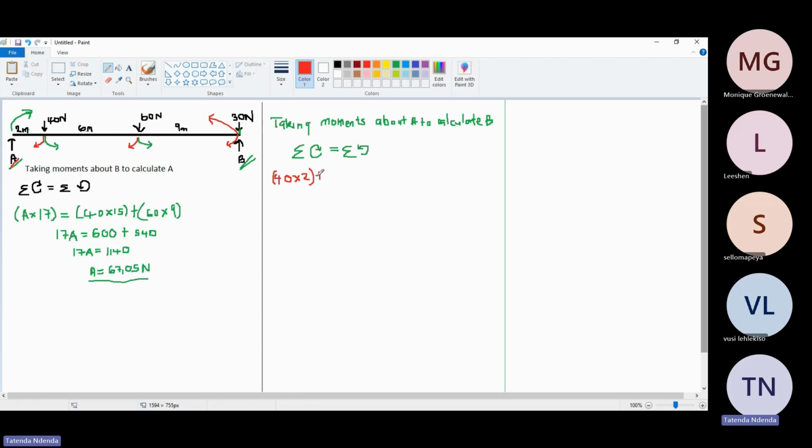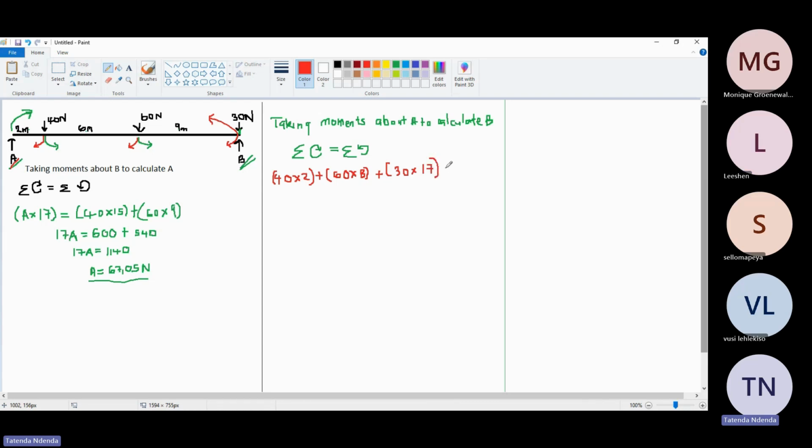Then plus we have another clockwise moment, which is how much? 60 multiplied by 10, isn't it? By 8, sorry. 8, yeah. Plus we have 30, right? Multiplied by 15, 17, sorry.